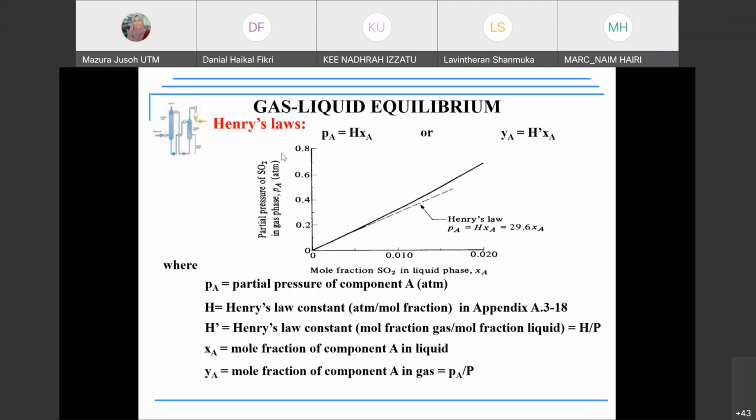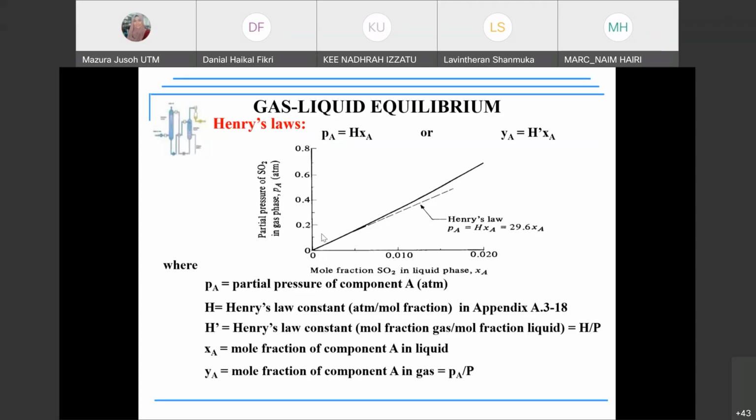For a certain mixture, in this case sulfur dioxide, SO2, in gas phase, and this is sulfur dioxide in liquid phase, as a relationship. Then they take the gradient to get this equation, and then you can get the Henry's law constant.